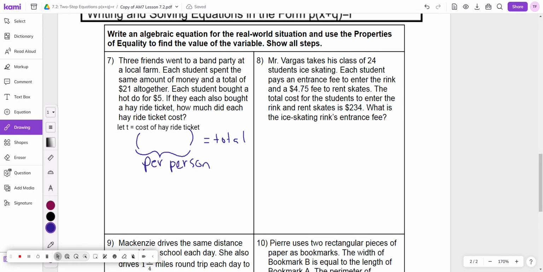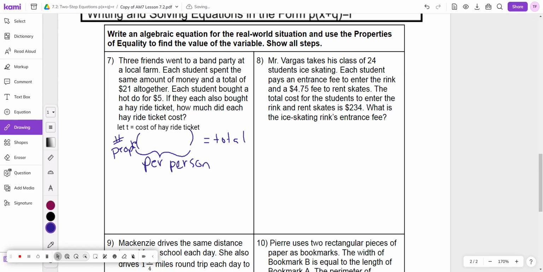And then I'm going to multiply what they pay for each person times the number of people that go. So in other words, the number of people is what goes on the outside. Now, looking at what each person buys, well, each person buys a hot dog and each person buys a hayride ticket.